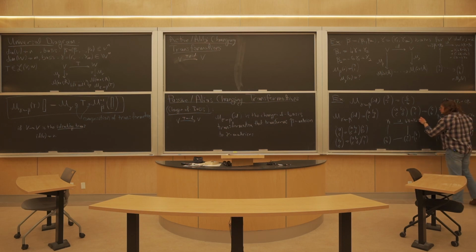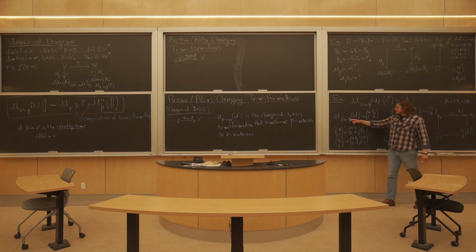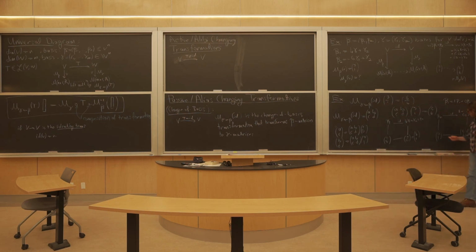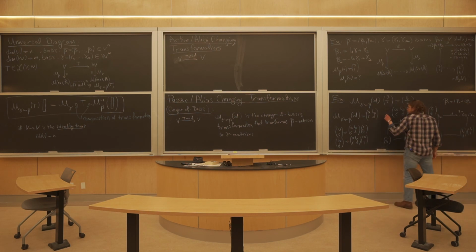It's equal to beta 2. And then with respect to gamma charts, this gives me minus 6, 1. And again, this gives me BD. So BD has to be equal to minus 6, 1. And ultimately, this tells us that this change of basis matrix from beta to gamma is nothing but 4, 1, minus 6, 1. Let me write it here.